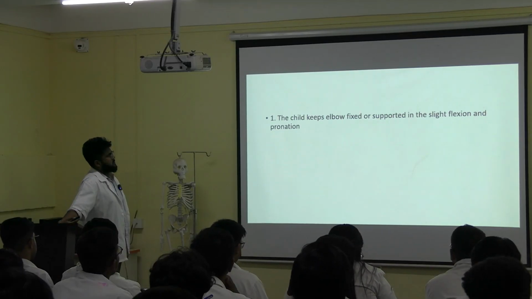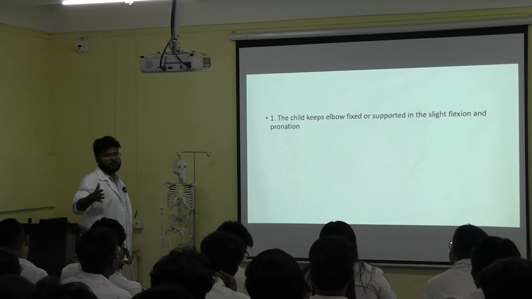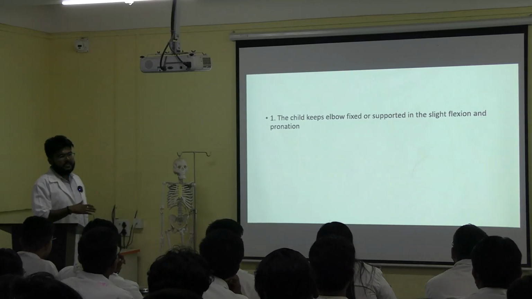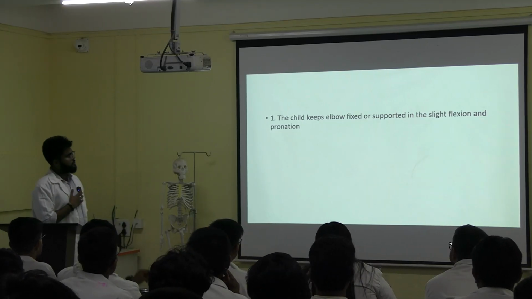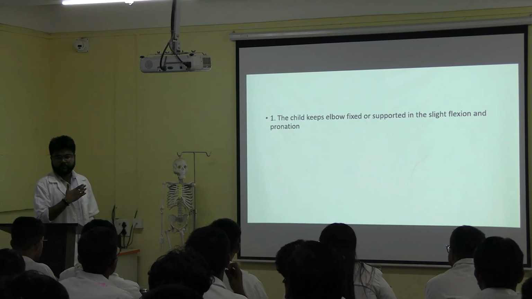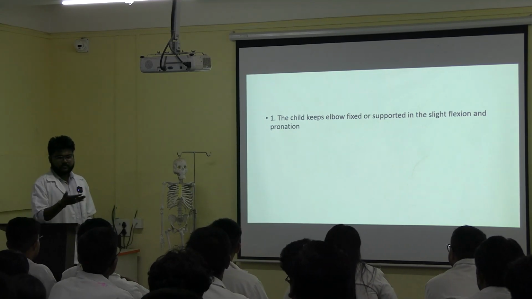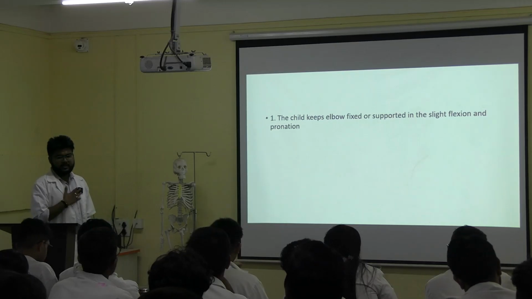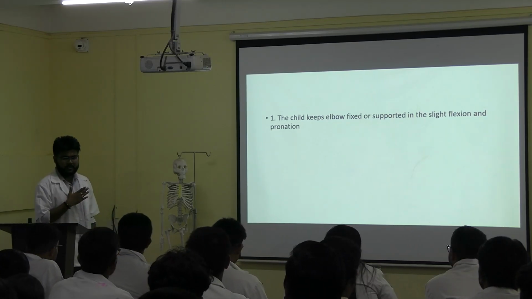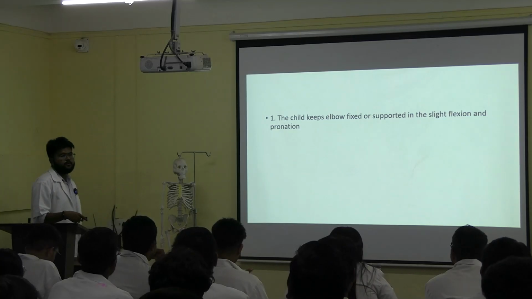So the child keeps the elbow flexed or supported in slight flexion and pronation. This is pronation. The child does not do this movement, so the hand stays pronated. This situation is called pulled elbow.